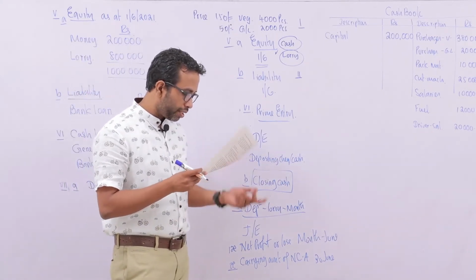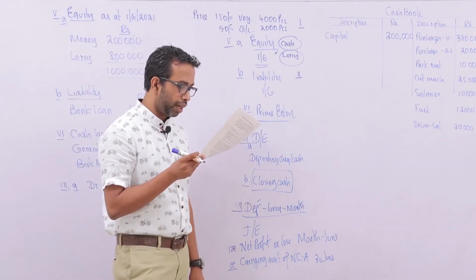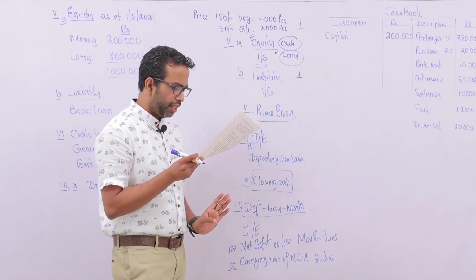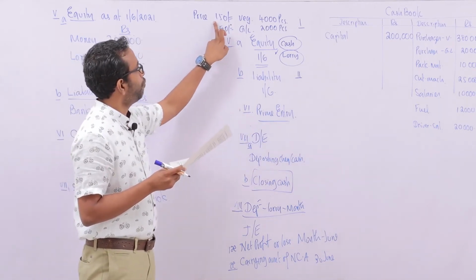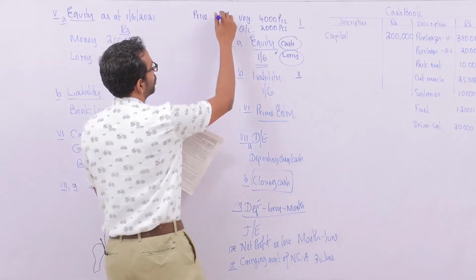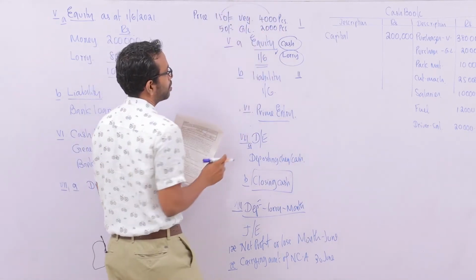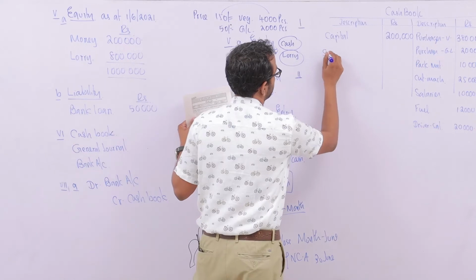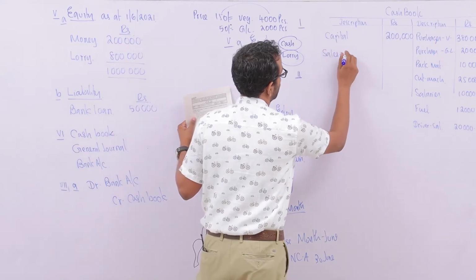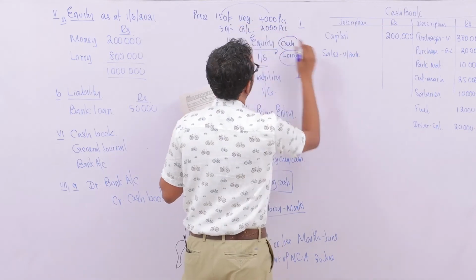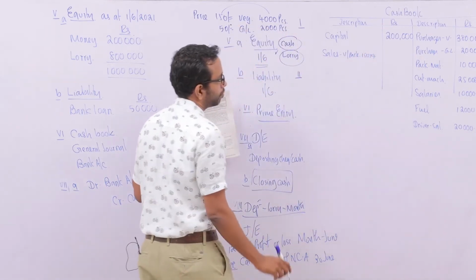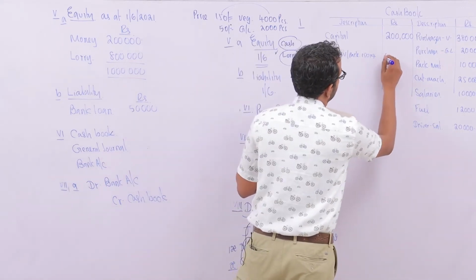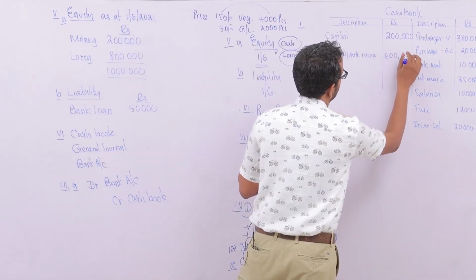Now let us look at the other parts. It has been decided to open a current account, and it says the price of one veg pack is 150, so just multiply this with this. Sales of veg packs: how do we calculate? 150 into 4000, so that is 600 with 3 zeros.